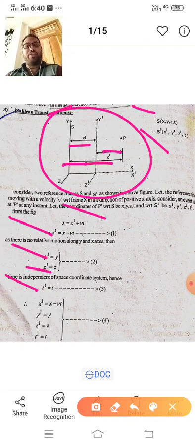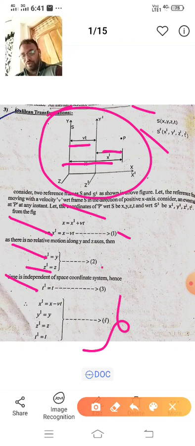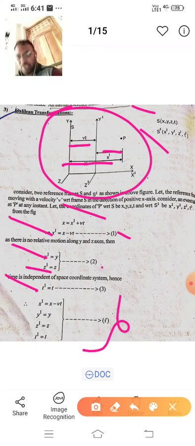So these four equations are called the Galileo transformations: x dash equals x minus vt, y dash equals y, z dash equals z, and t dash equals t.